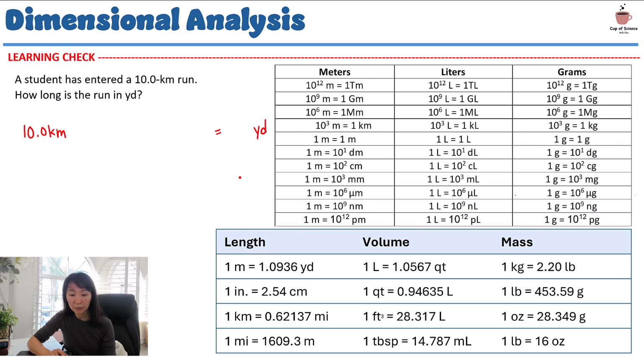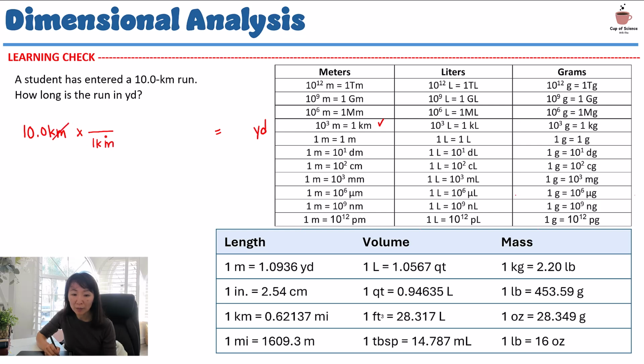So what do we do? Well, we know that there is a relationship between meters and yard. So we can convert these kilometers into meters by utilizing this table here. This table shows the relationship between kilometers and meter, which is shown right here. So let's go ahead and use that one. We know that for every 1 kilometer, which needs to go on the bottom, why?